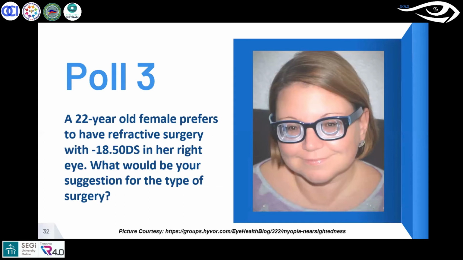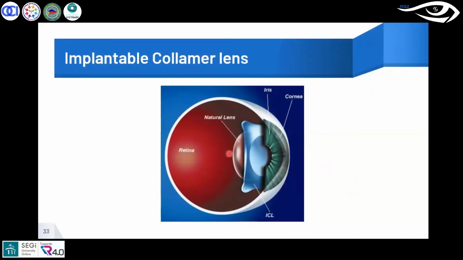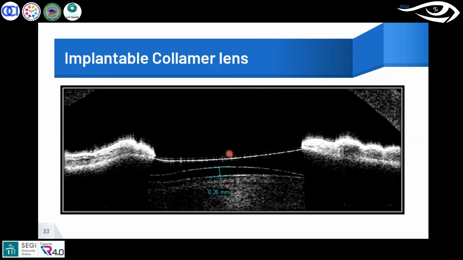That is the preferred procedure we would go ahead with if the patient has a very high refractive error. So implantable collamer lenses are actually preferred for refractive corrections.